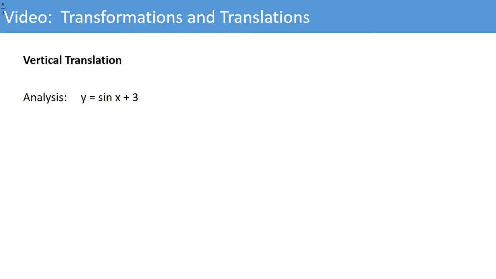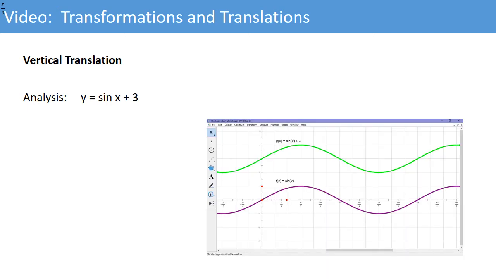Now, let's look more closely at the graph y equals sine x plus 3. The green graph indicates y equals sine x plus 3, and the dark blue, purplish color indicates y equals sine x. What has changed in the graph? The value of C is now 3, as we can tell from its position in the equation.